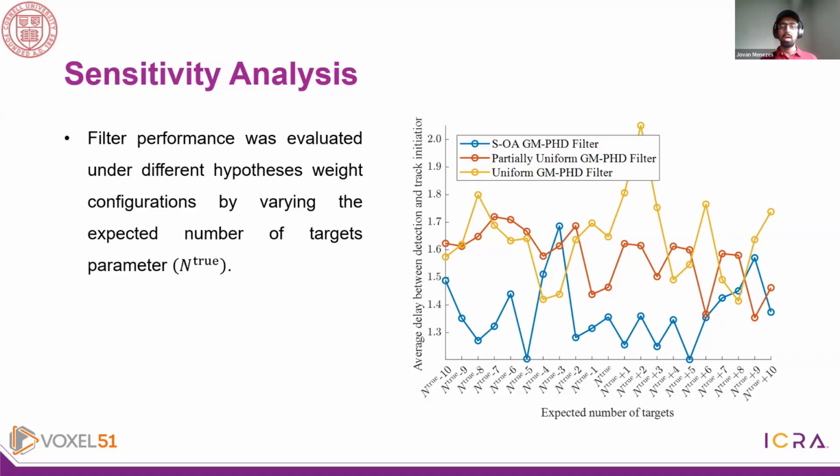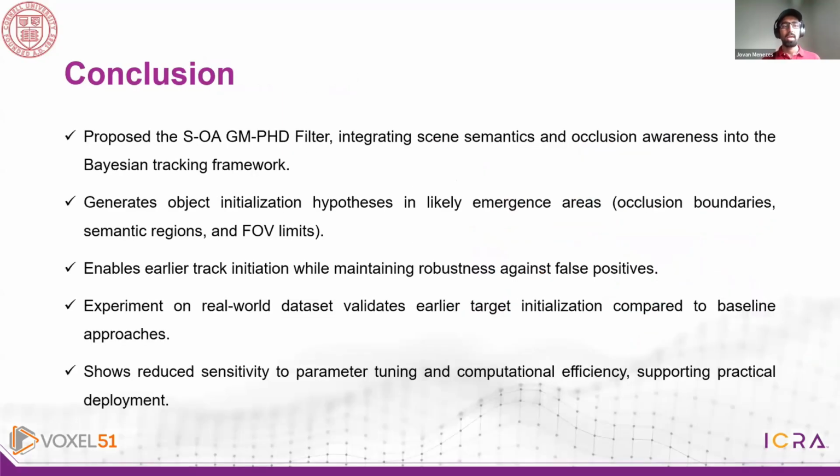So we basically vary the expected number of targets from the ground truth that we get from the KITTI data set. We vary this parameter, and we observe that even with variation in this parameter, our method still reduces the latency in track initialization as compared to the baseline approaches.